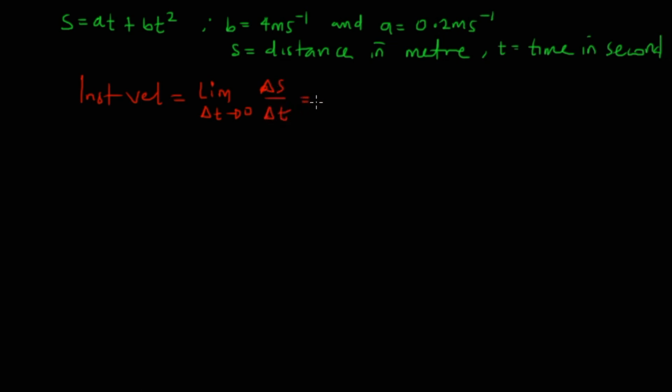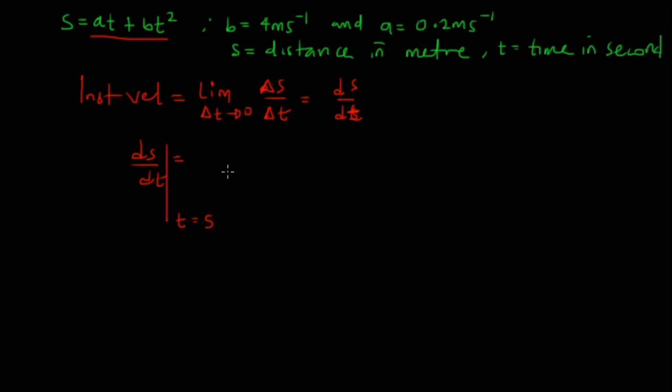And don't forget that this expression can be replaced by ds/dt. Of course, we'll have to differentiate s, that is we find the derivative of s, which is this equation, with respect to time t, and it has to be at a particular time t, which is 5 seconds.